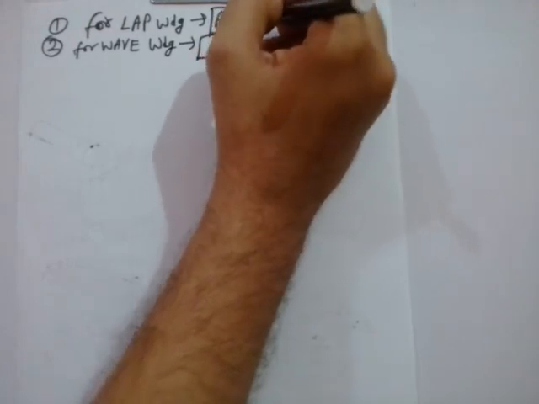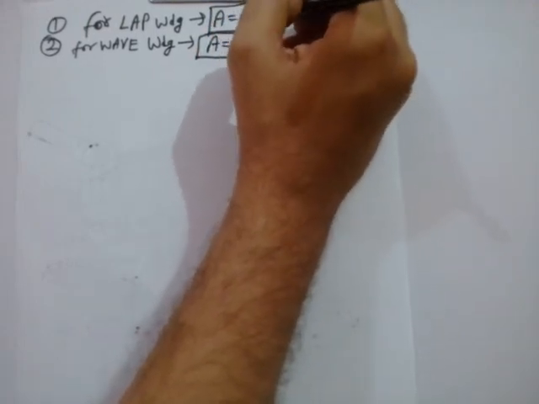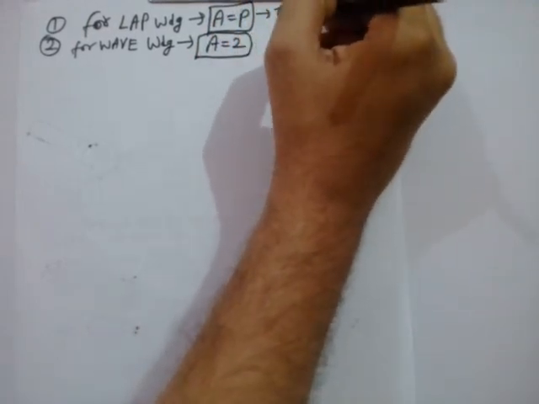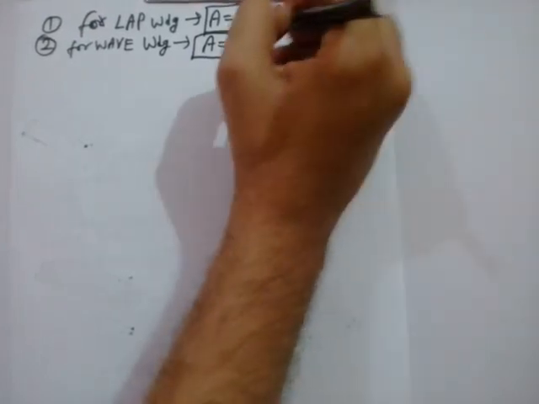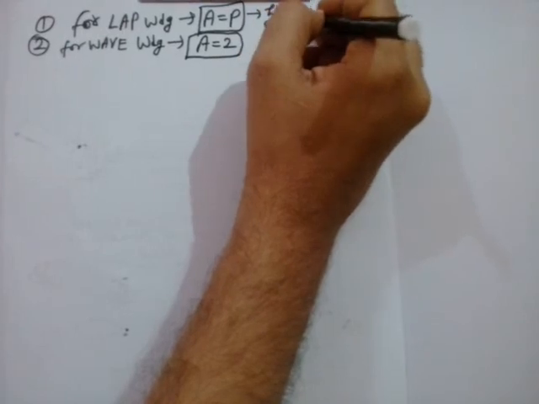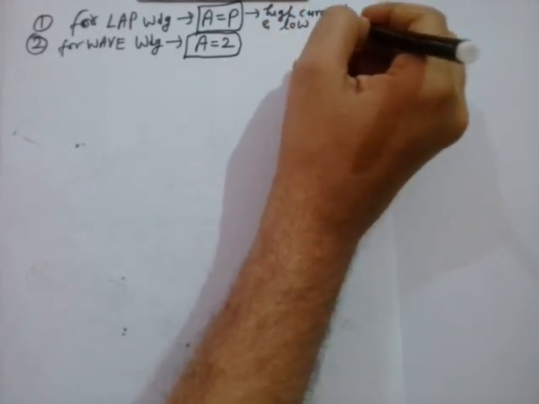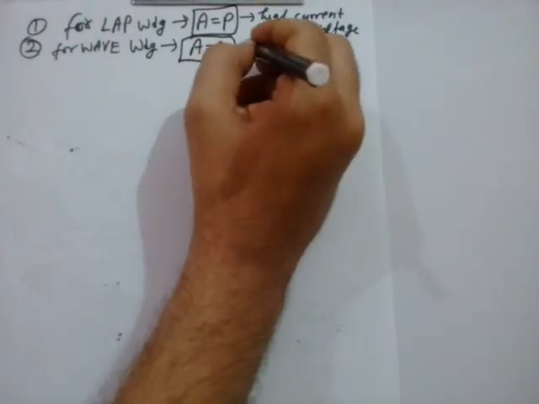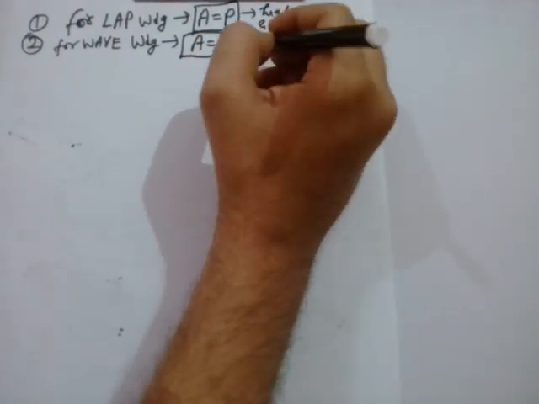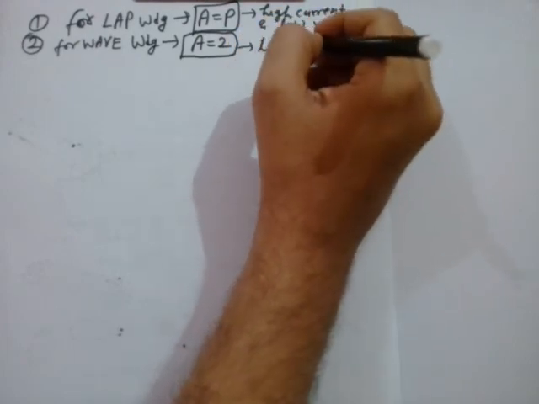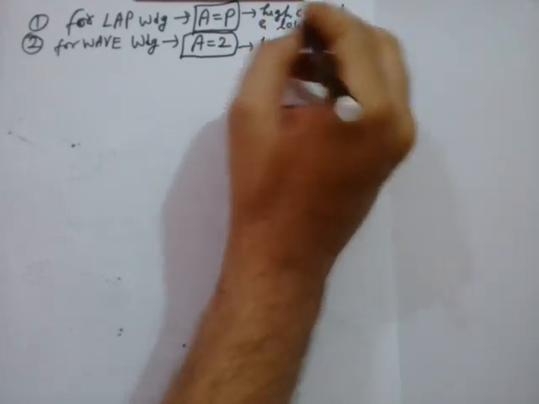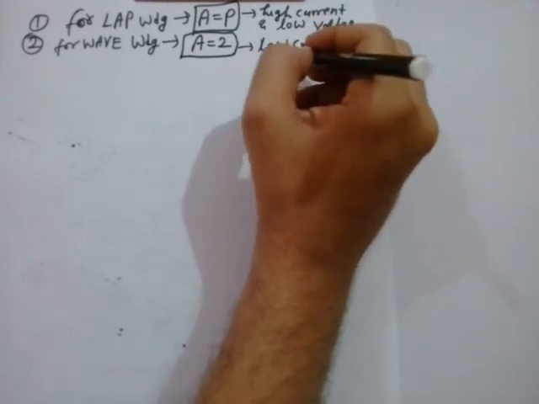This lap connection is used for high current and low voltage, but wave connection is used for low current and high voltage.